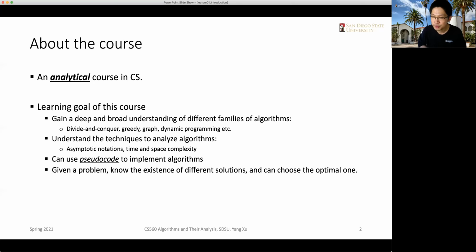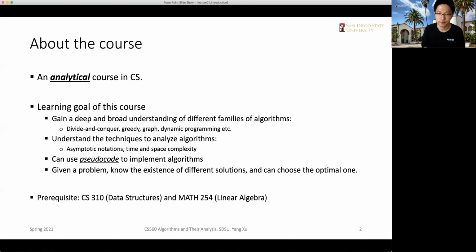We also need to be aware that even though there are multiple possible solutions, we can compare their efficiency: which one is better, which one runs faster, which one may leave you waiting forever. These are the overall learning goals of this course.